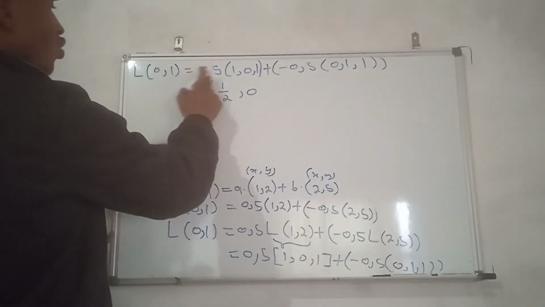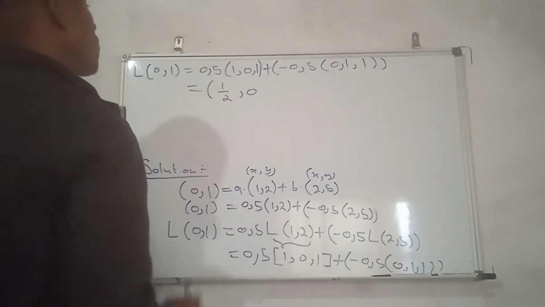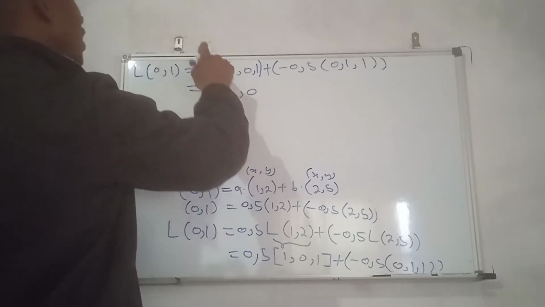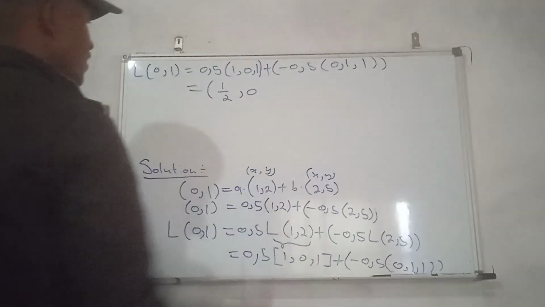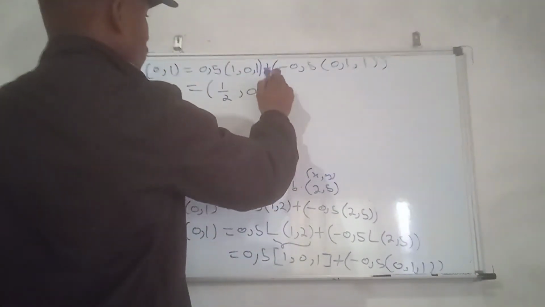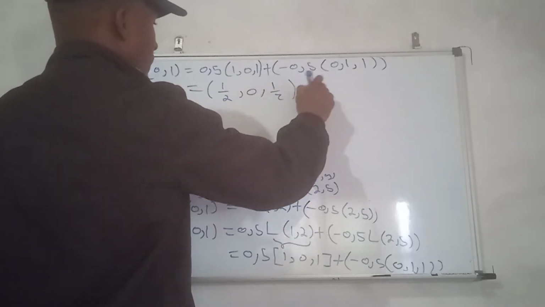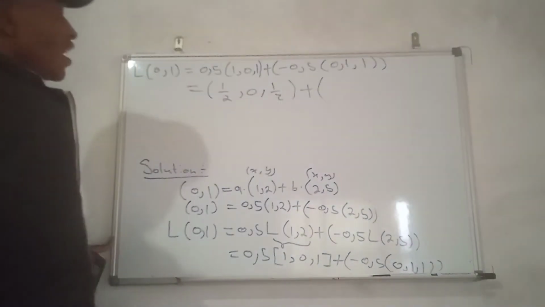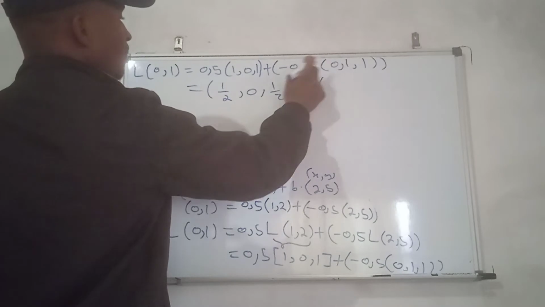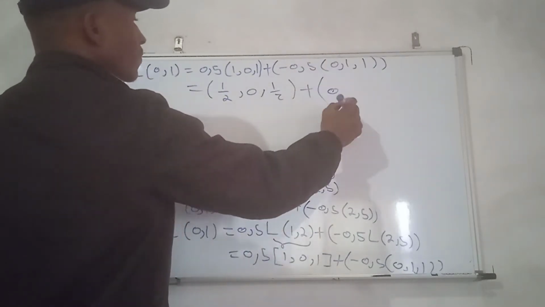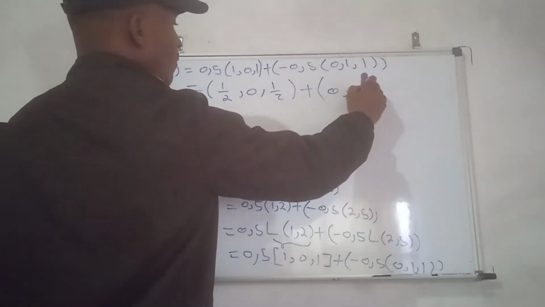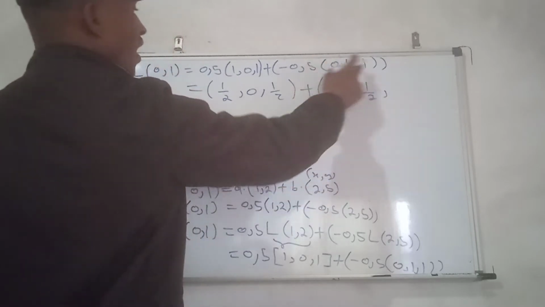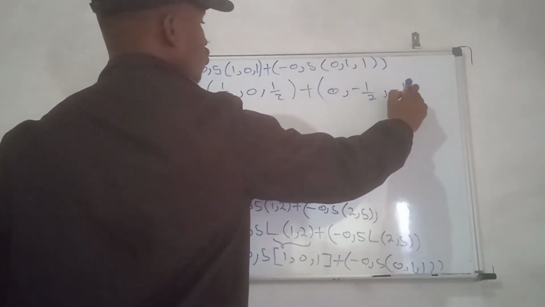If I multiply the other by minus 0.5, I'm going to get 0, and then minus 1 over 2, and then minus 1 over 2.